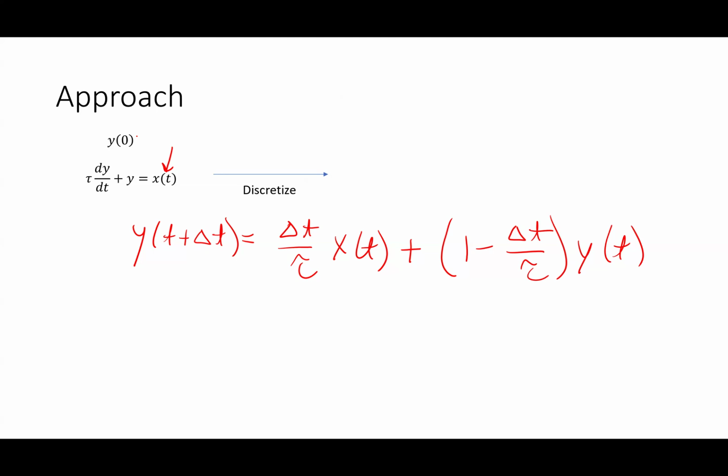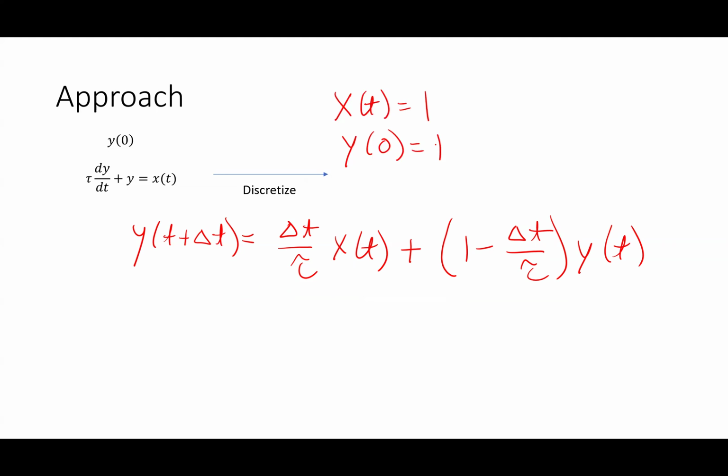So let's say I have an example where x of t is equal to 1, and let's say that y of 0 is equal to, I don't know, 1 as well. How can I use that information to solve this?